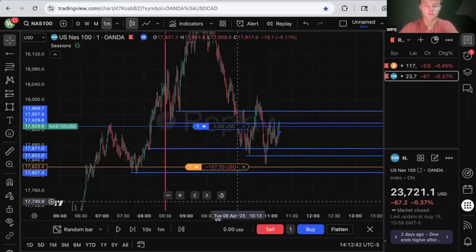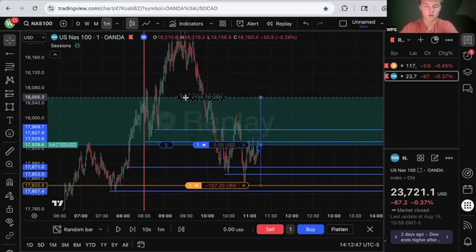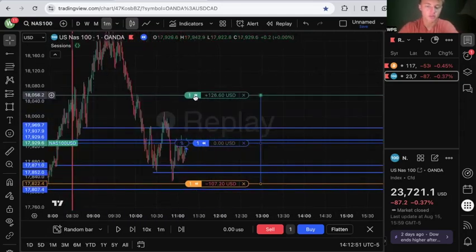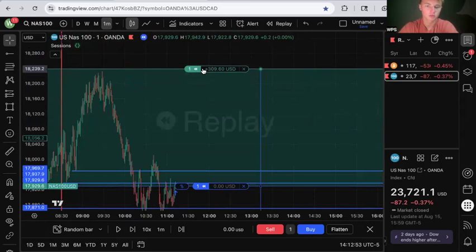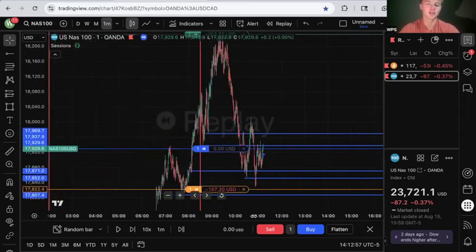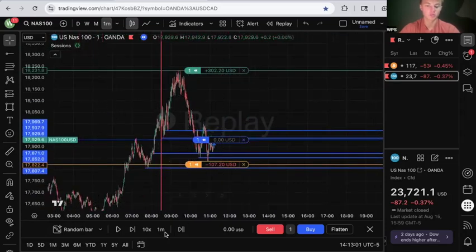Take profit right there. It'd be a 3-to-1 RR trade. Since the spread is so high, I'd probably stay in this one for a bit longer. We'll see how it goes.